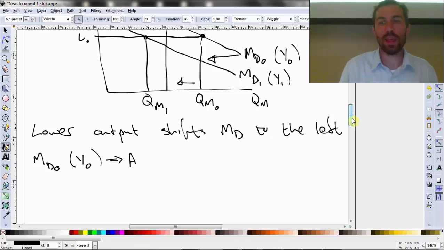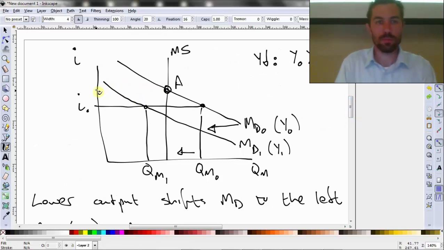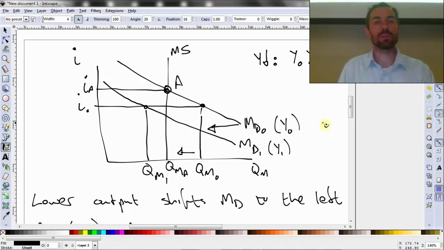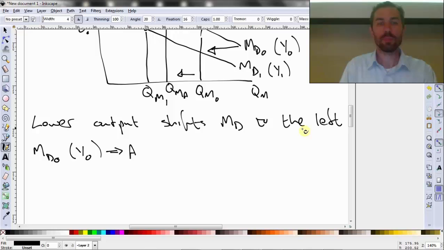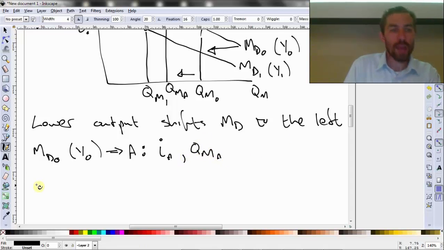So we're at point A, and at point A, we have some level of interest rate, let's call it interest rate A, and we have some level of money demanded, QMA, right? At point A, we have interest rate A and money demanded QMA.